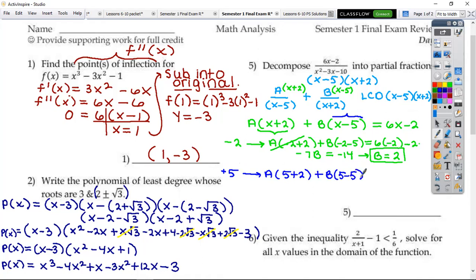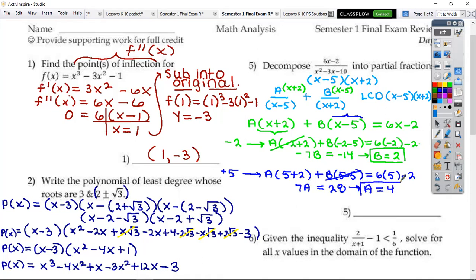So again, you may feel free to omit that. And this is equal to 6 times 5 minus 2. Okay, so on the left, I have 7 times A. And on the right, I have 30 minus 2, 28. So A is equal to 4.